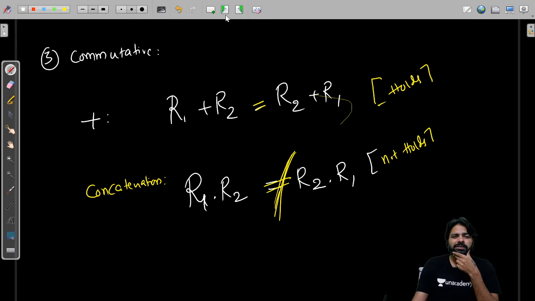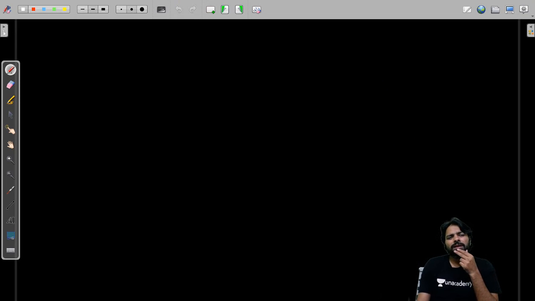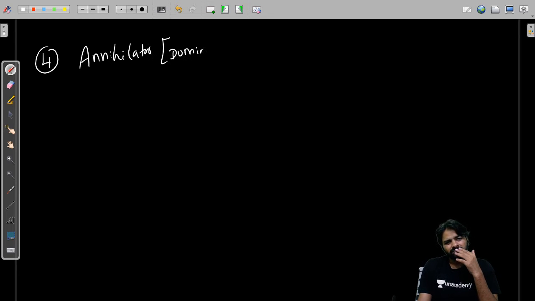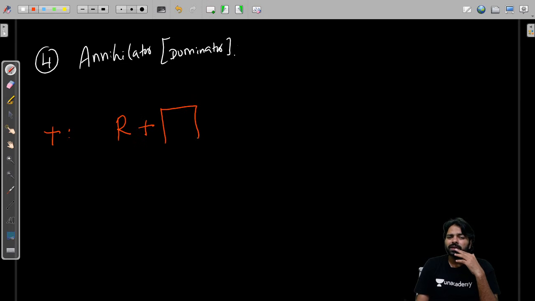There are so many such properties too, like annihilator, which is also called dominator. What is the dominator for plus? R plus what will be here so that the result is going to be the same?